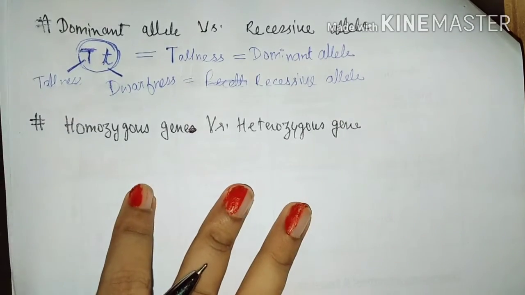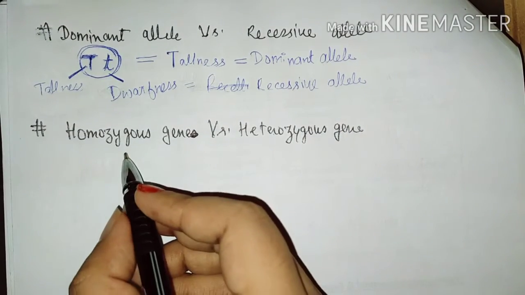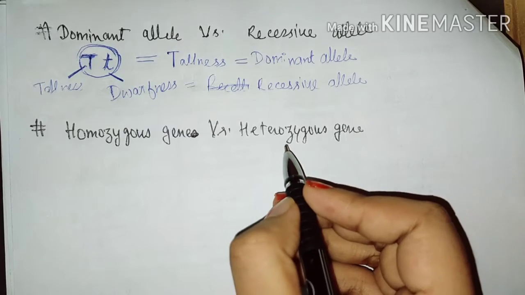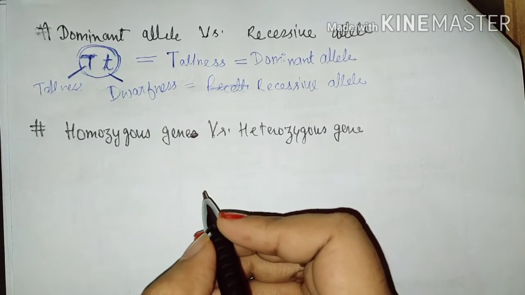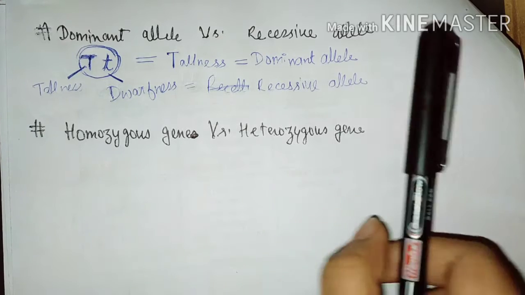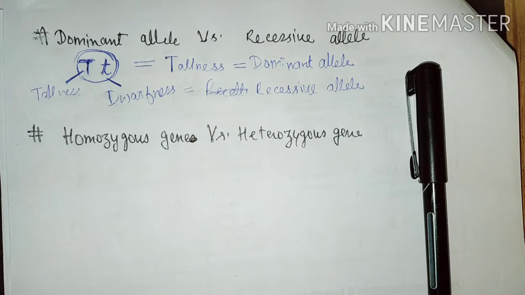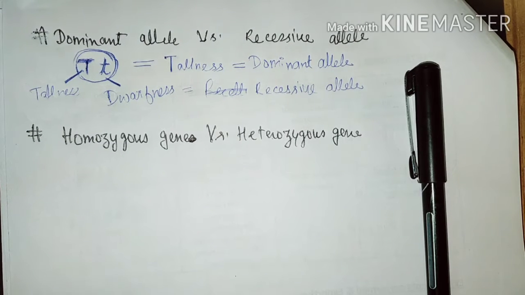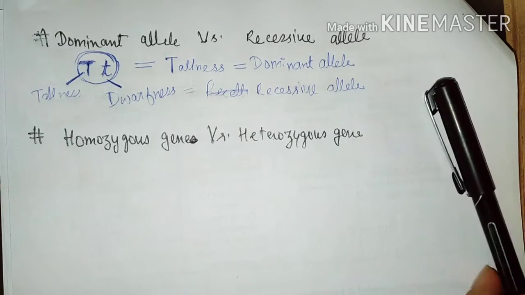The difference between dominant allele and recessive allele, then the difference between homozygous gene and heterozygous gene. So, a homozygous gene is that gene in which both the alleles are of the same type.